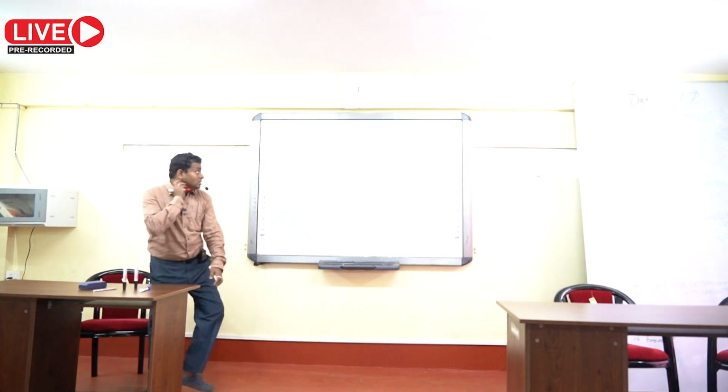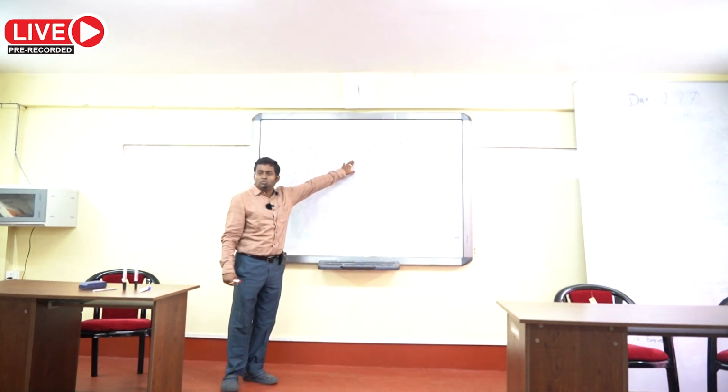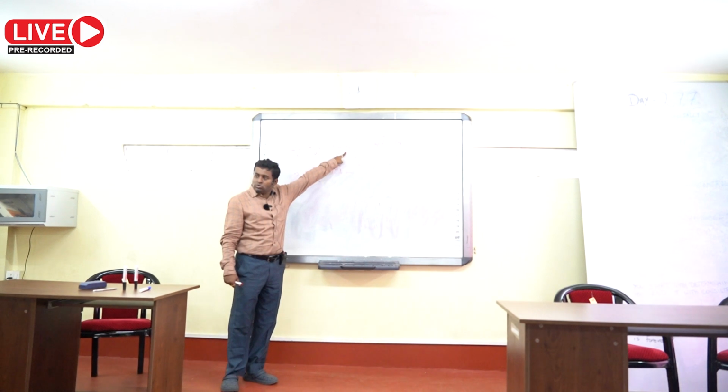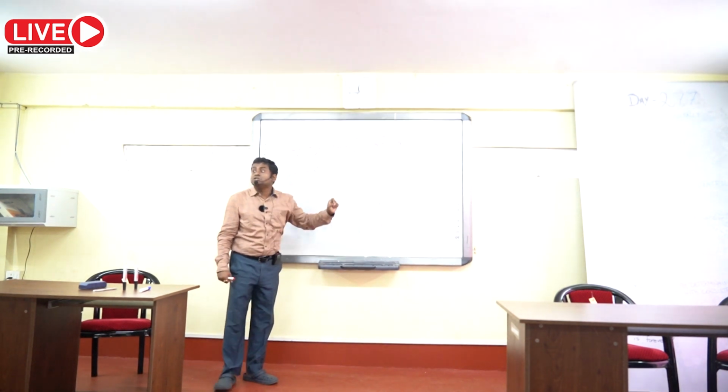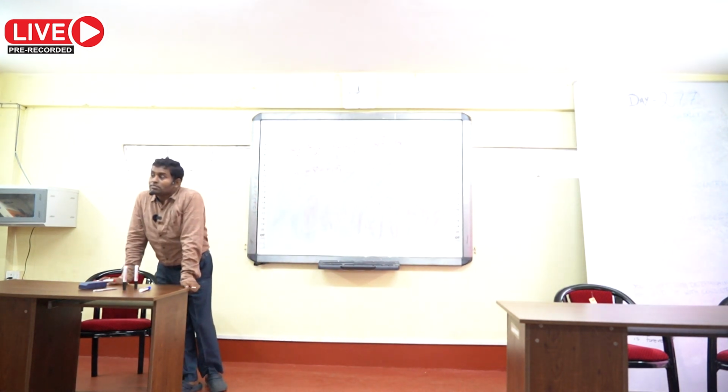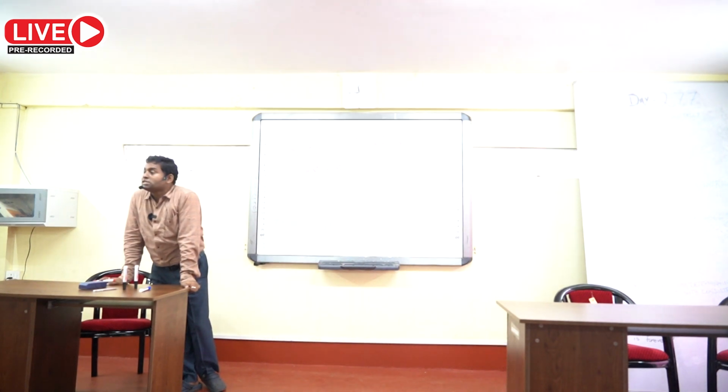Now, the other force F12 acts on which body? It's a reaction, so it acts on body 2. So it will change whose momentum? Body 2's momentum. So what is the change in the second body's momentum? m2 v2 minus m2 u2.